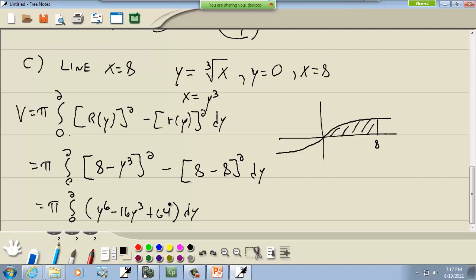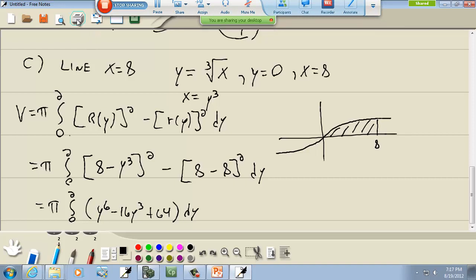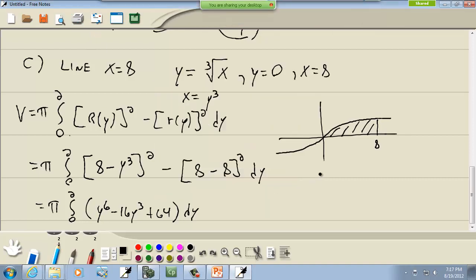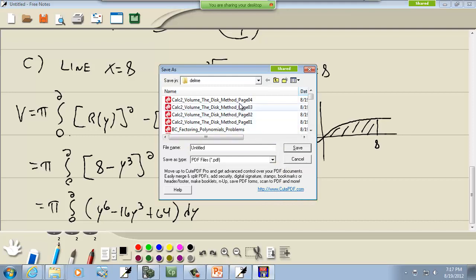And let me write that down because I'll have to continue on another electronic piece of paper. There we go. So let me save this. Long problem.